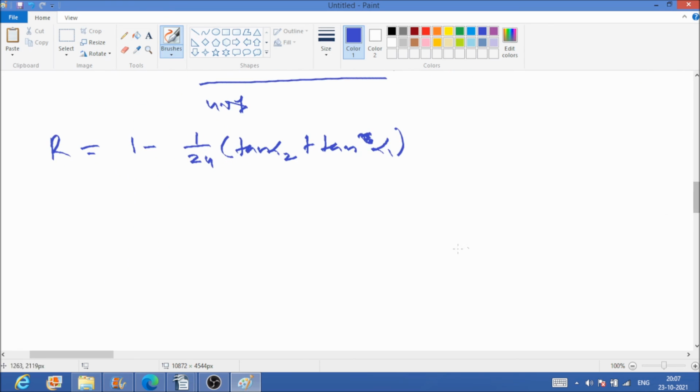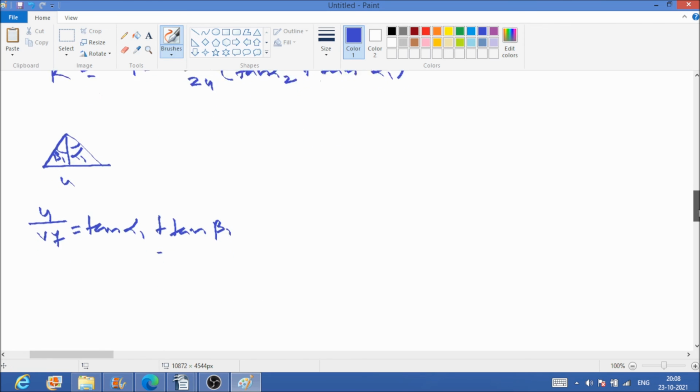And again we will go back to the initial equations. You will be remembering this one. This is my u, this is alpha 1, and u by Vf is equal to tan alpha 1 plus tan beta 1.